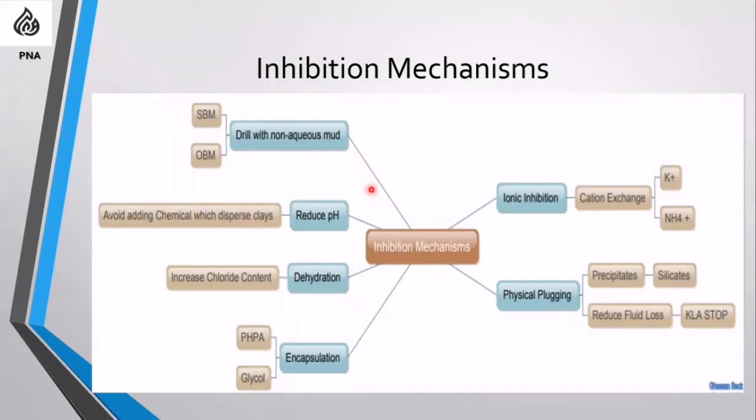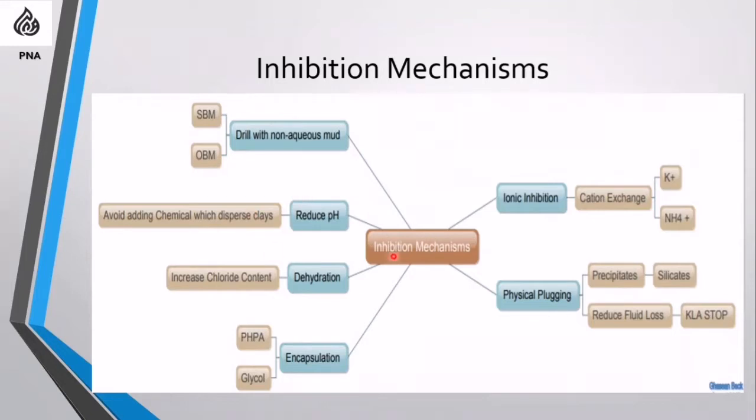But we don't have a type of mud that relies only on reducing pH as an inhibition mechanism. It is one of the mechanisms, but not a mud type by itself.